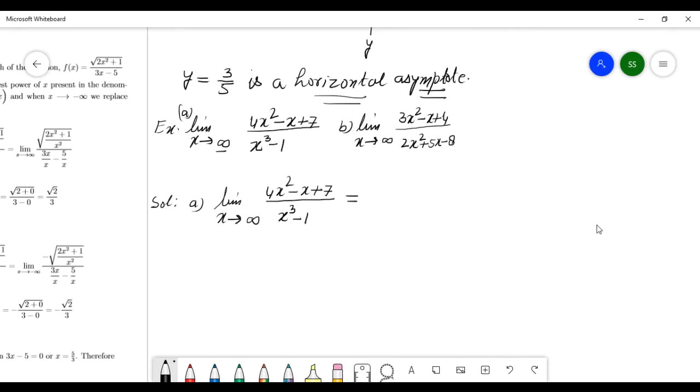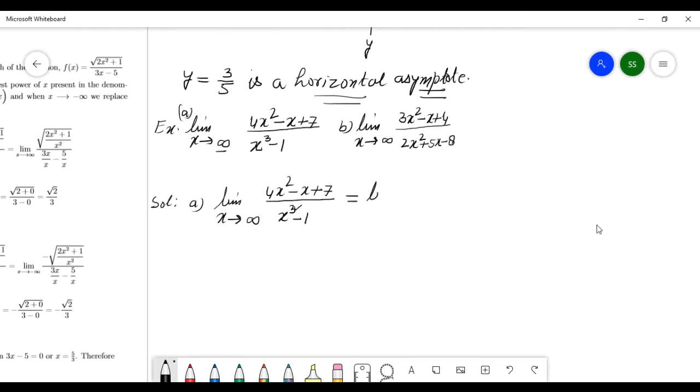One method I explained: take the biggest power of x, then divide all the terms by that. If you use that method, all the terms are divided by x power 3, and then you will get the answer. This is one method. The quick method is different.